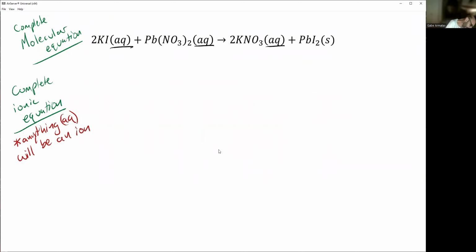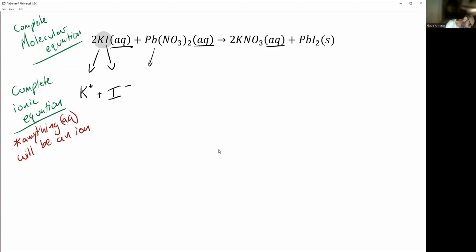So let's just look at KI here. KI is broken into K and I. Everything's going to be aqueous unless I write something else, because it's going to get really confusing if I have to keep writing aqueous. I know potassium is in group 1, so it has a +1 charge. And I know iodine has a -1 charge.